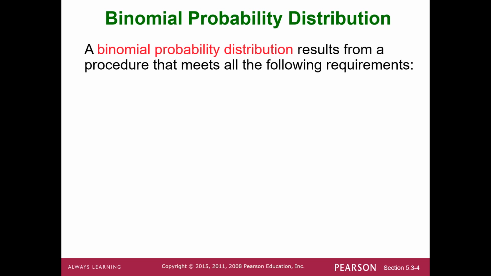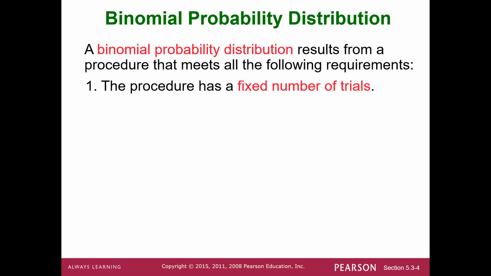A binomial probability distribution results from a procedure that meets all of the following requirements. Okay, so it becomes pretty important to be able to know a binomial distribution when you see one, and there could be exercises where you have to determine whether or not something is a binomial distribution.